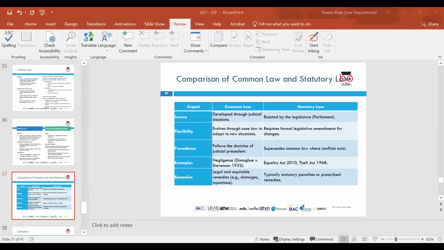For flexibility, common law evolves through case law to adapt to new situations, while statutory law requires formal legislative amendments. For changes, common law follows the doctrine of judicial precedent, and statutory law supersedes common law. Examples: negligence, Donoghue v Stevenson, and the Equality Act 2010. Remedies in common law are legal and equitable remedies, and in statutory law, typically statutory penalties or prescribed remedies.